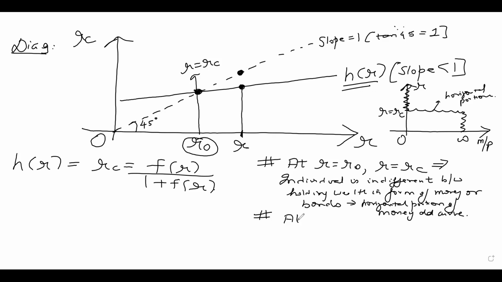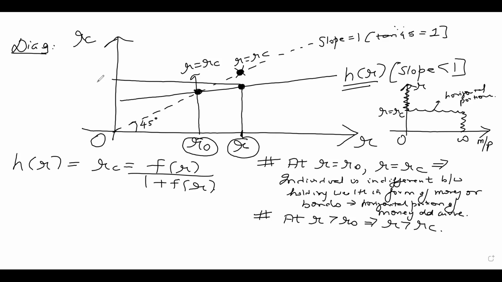So I can say at R greater than R0, R is greater than RC. Because guys, R equal to RC would have occurred at this point. But my actual RC is not this. My actual RC is given by this. So that means R is greater than RC.